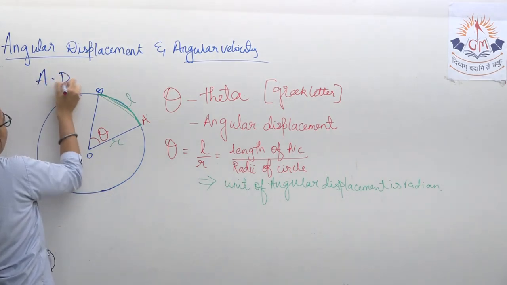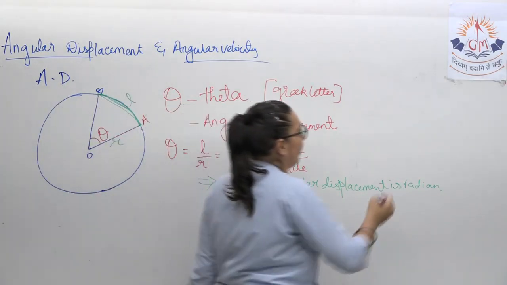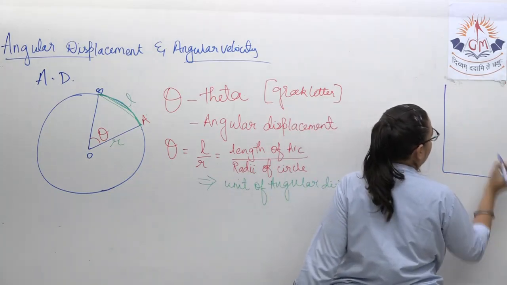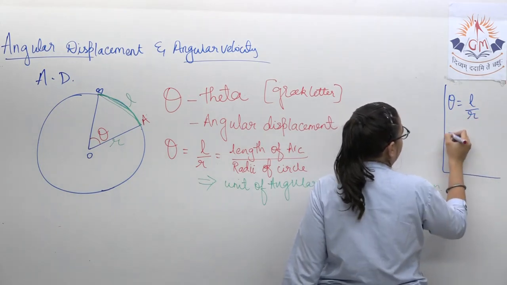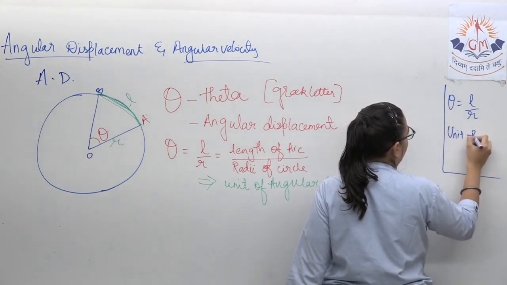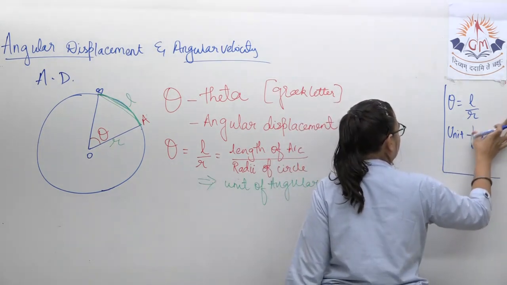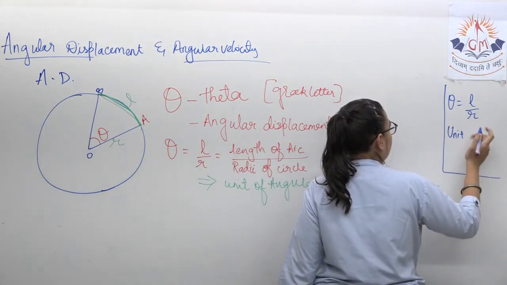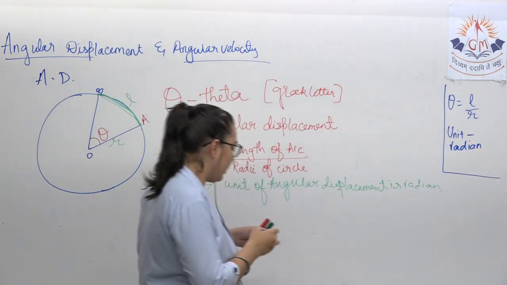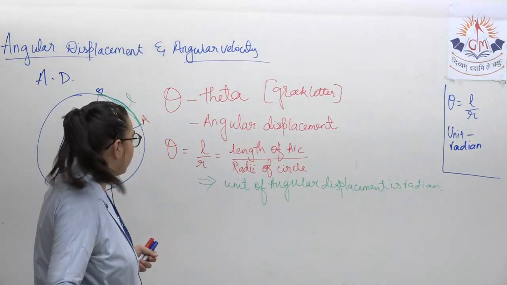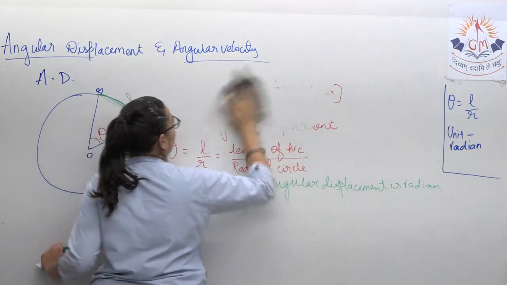Okay, this is angular displacement, and its unit is radian. Okay, this is clear, I suppose. Now we are going to discuss angular velocity.